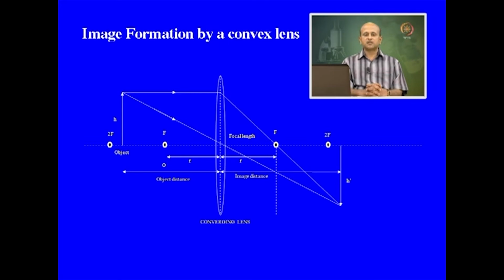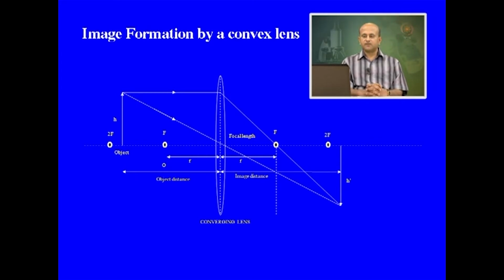Converging lenses are thinner at the edges and thicker at the center. As you can see here, the surface is convex on both sides. Various combinations can be put in here, which could be plano-convex or plano-concave, and other combinations can come in. Now, let us discuss in detail this figure here.